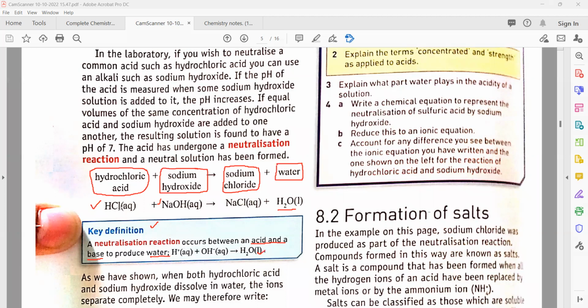From the acid, H positive hydrogen ions come, and from the base, OH negative ions come, and they join together and form a water molecule. Now the remaining part of the reactants, meaning from the acid the Cl chloride ion, and from the base the sodium ions, combine together and form a salt. This is called a neutralization reaction.